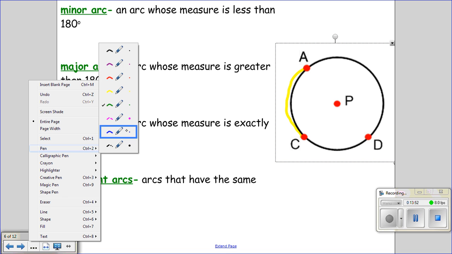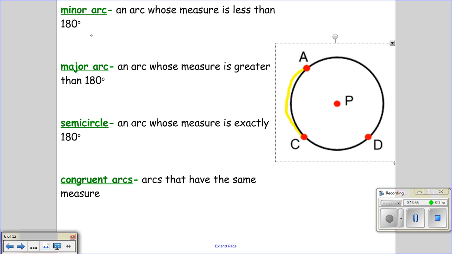It appears to be less than half the circle. So the measure of arc AC is less than 180 degrees, so it is a minor arc.